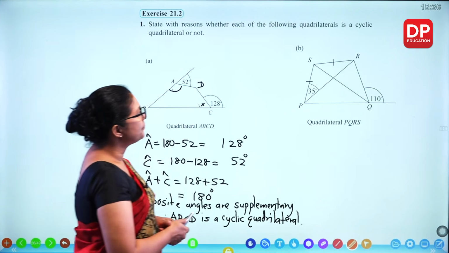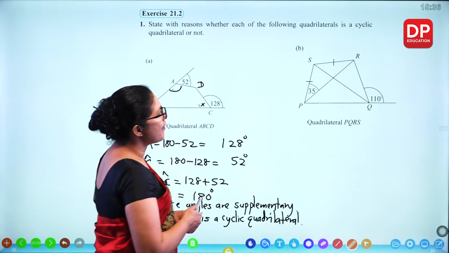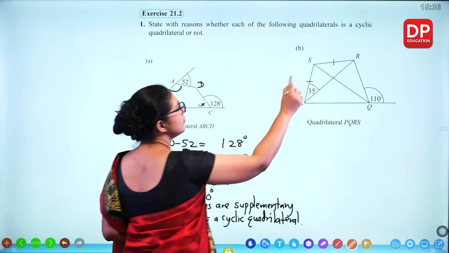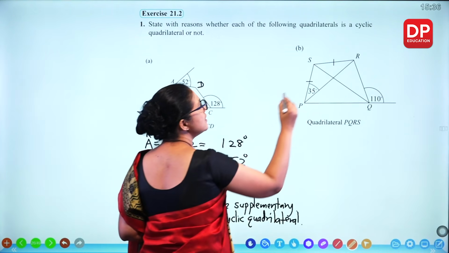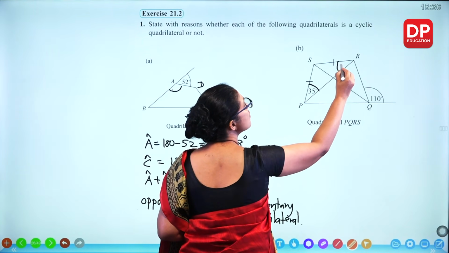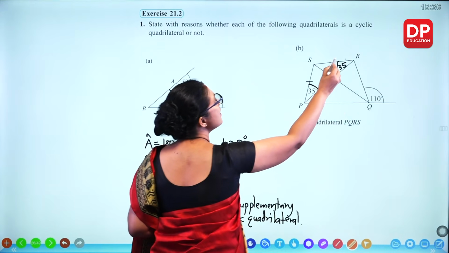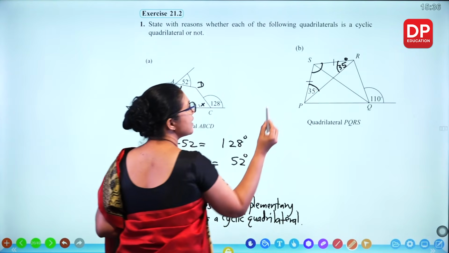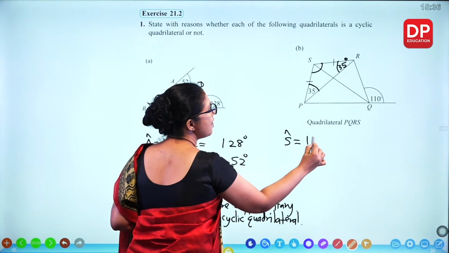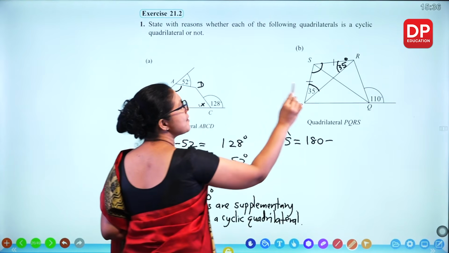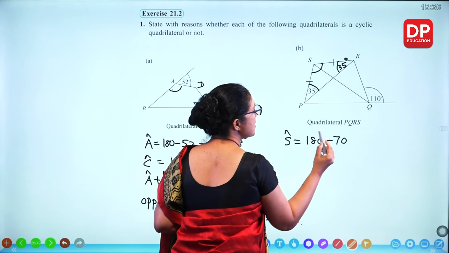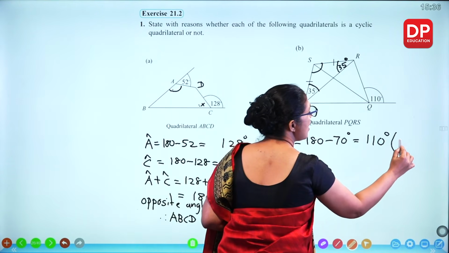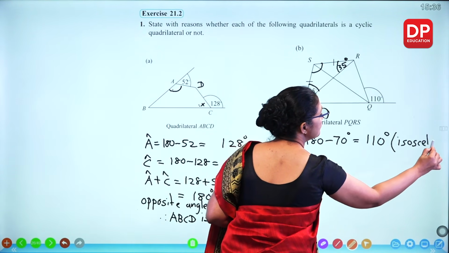Now take the next one. Quadrilateral PQRS. Look at PSR triangle. This one is 35, so this is also 35. Why? Isosceles triangle. If this is 35, so what's S angle? We'll find out S angle. 180 minus 35 minus 35, you get 70. So 180 minus 70 is 110 because of isosceles triangle.